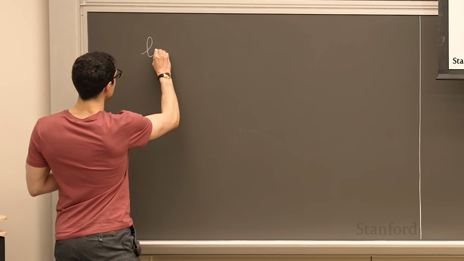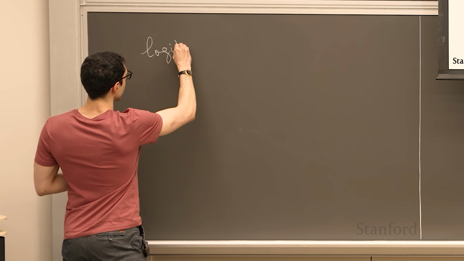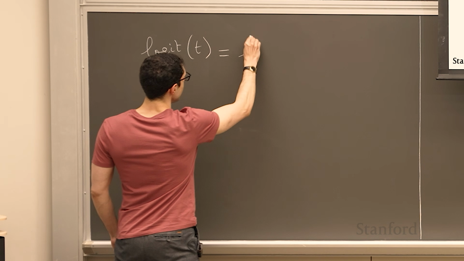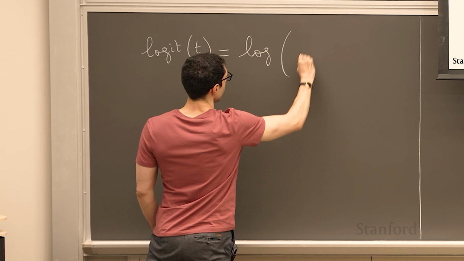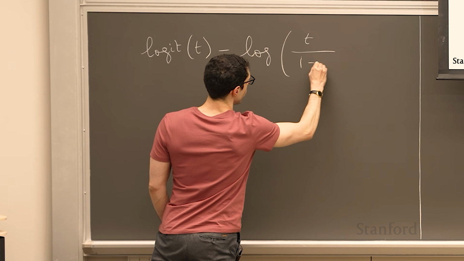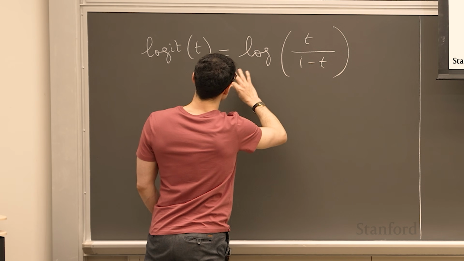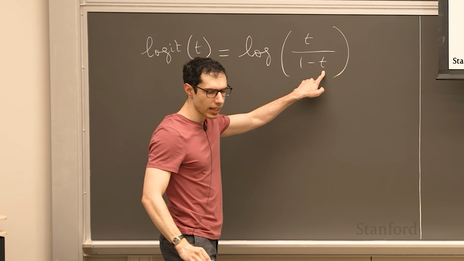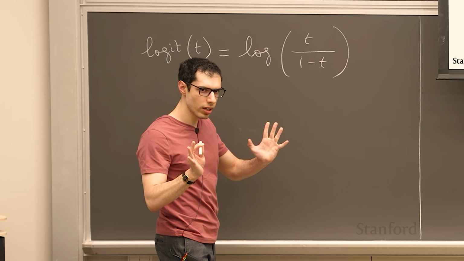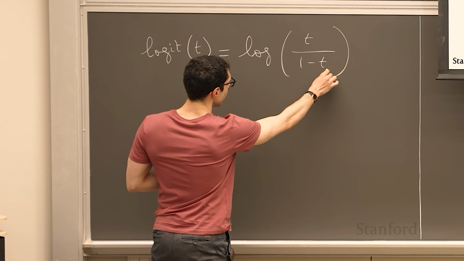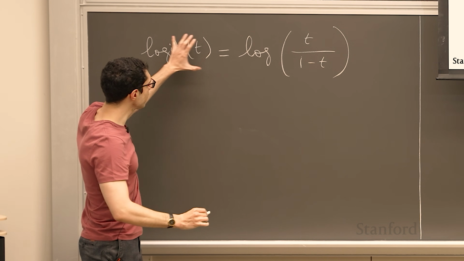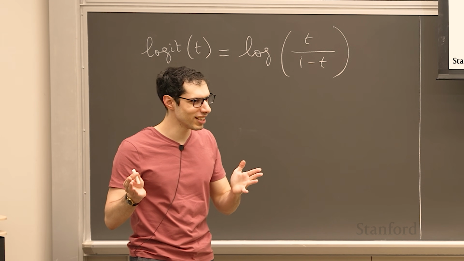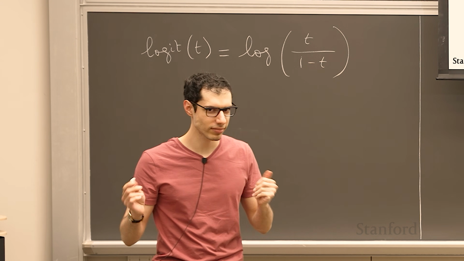The Logit of a quantity, so let's suppose the Logit of our time step t, is defined as the log of t over 1 minus t as follows. And t is between 0 and 1. So if t is between 0 and 1, then Logit of t is anywhere between minus infinity and plus infinity.